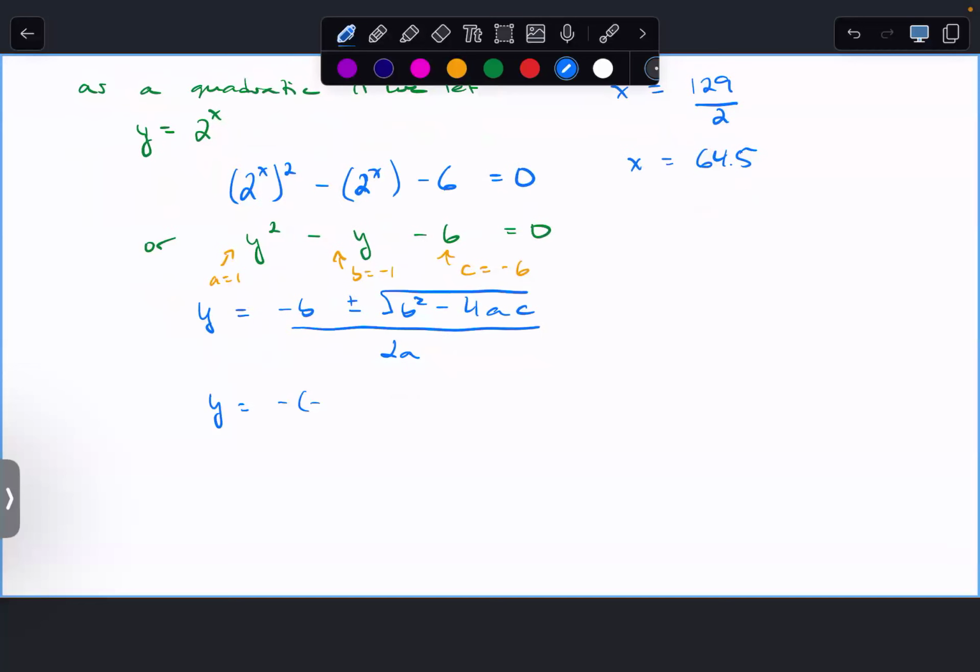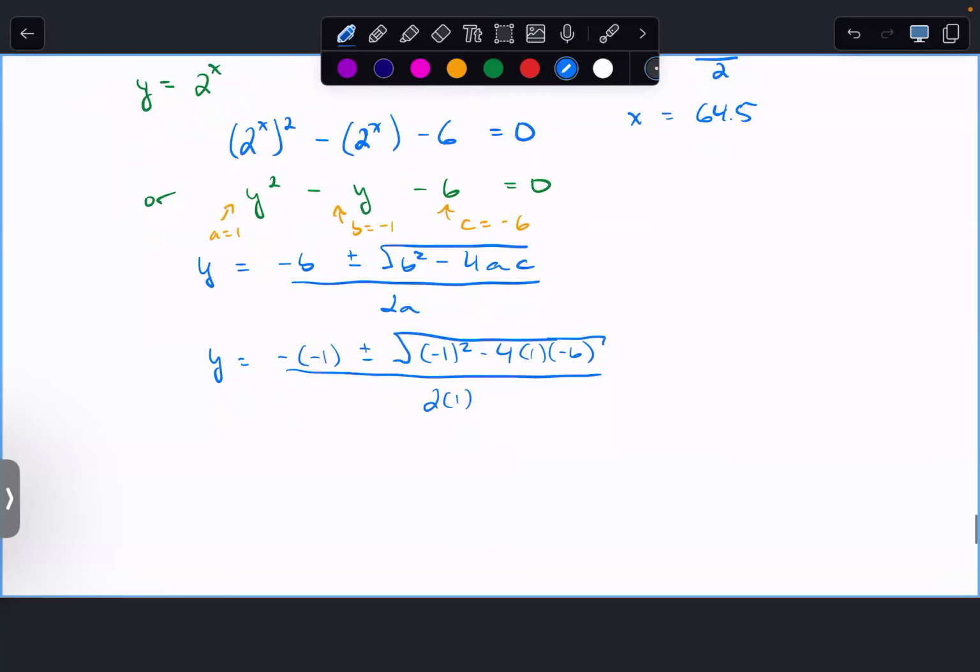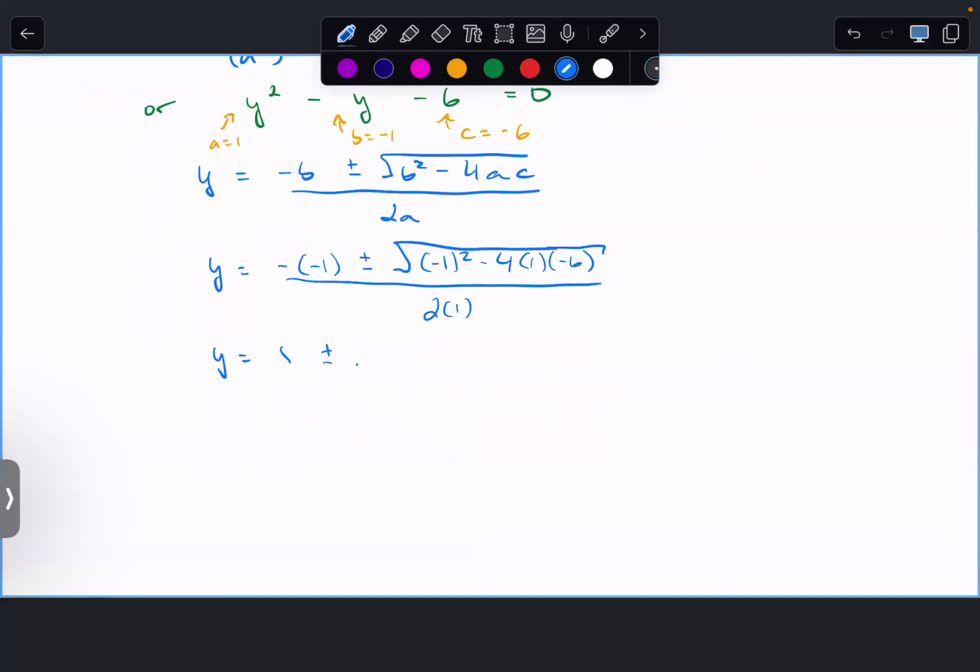Y is negative negative 1 plus minus the square root of negative 1 squared minus 4 times 1 times negative 6, divided by 2 times 1. Negative 1 squared is 1, minus 4 times negative 6. I'm going to go for the root of 25 in the interest of time. Negative negative 1 is 1, plus minus the square root of 25, divided by 2.